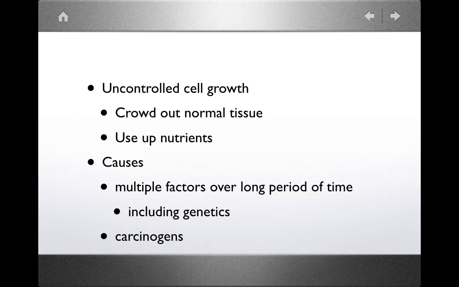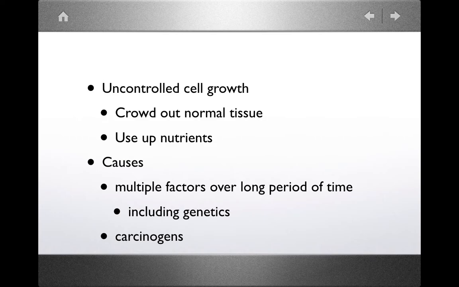Now, if we use the analogy of a car or stop sign for controlling the cell cycle, you can imagine that your car has a lot of ways you could accelerate. It has a lot of ways you could stop it from going anywhere. And you always go get your car repaired when there are problems.